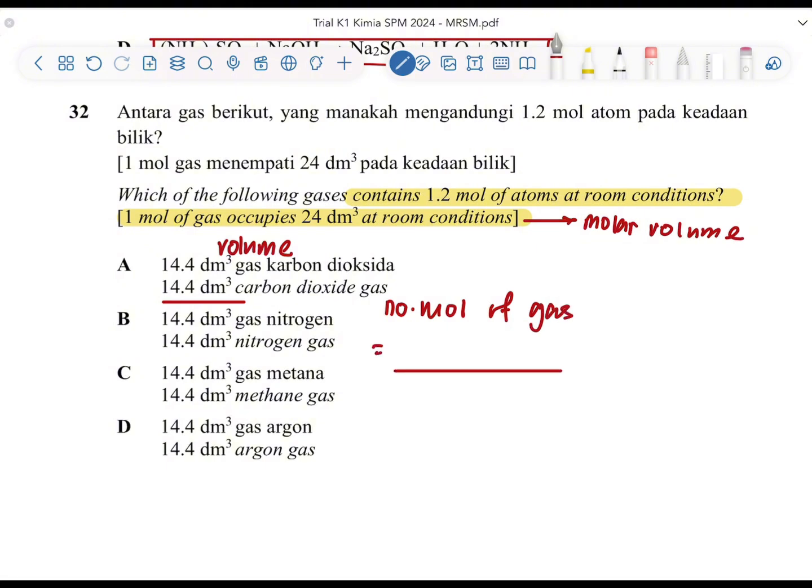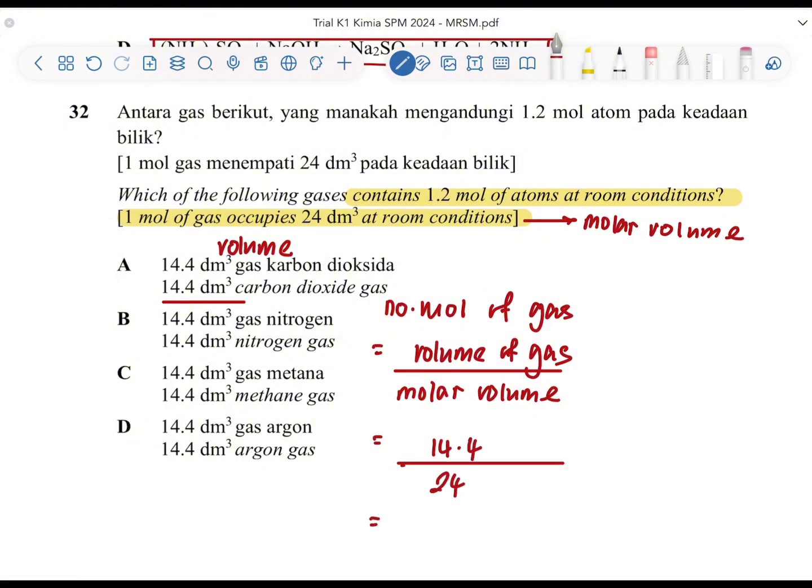So the number of moles of gas is equal to the volume of the gas divided by the molar volume, where in this case the volume of all 4 types of gas is the same, which is 14.4, and then divided by 24 we will get 0.6 mole of gas.